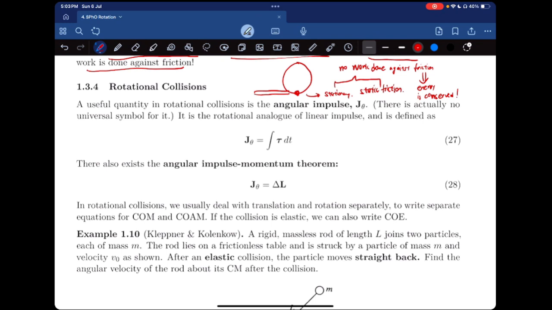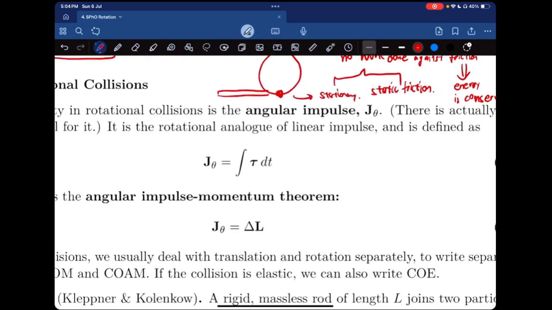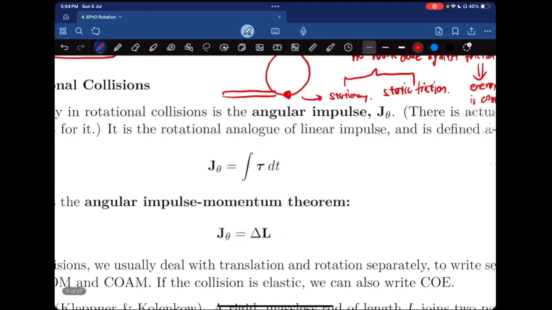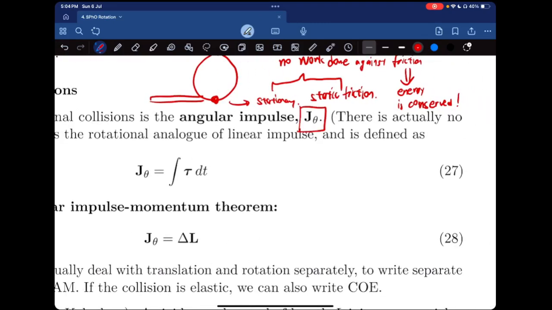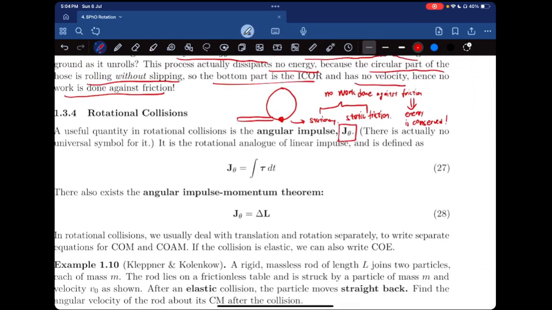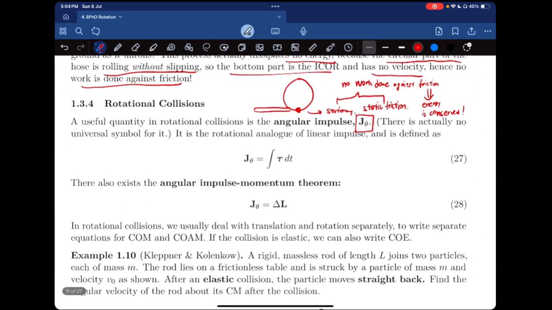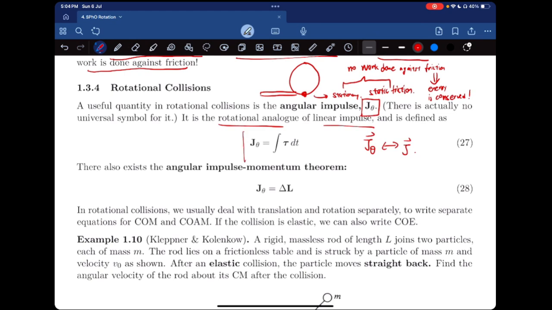So now we'll analyze another type of dynamics where we have collisions. And a useful quantity that we look at is angular impulse. There's no standard way to write this, so we'll just call it J subscript theta in these notes. And again, this is the rotational analog of linear impulse. And it is defined like that.